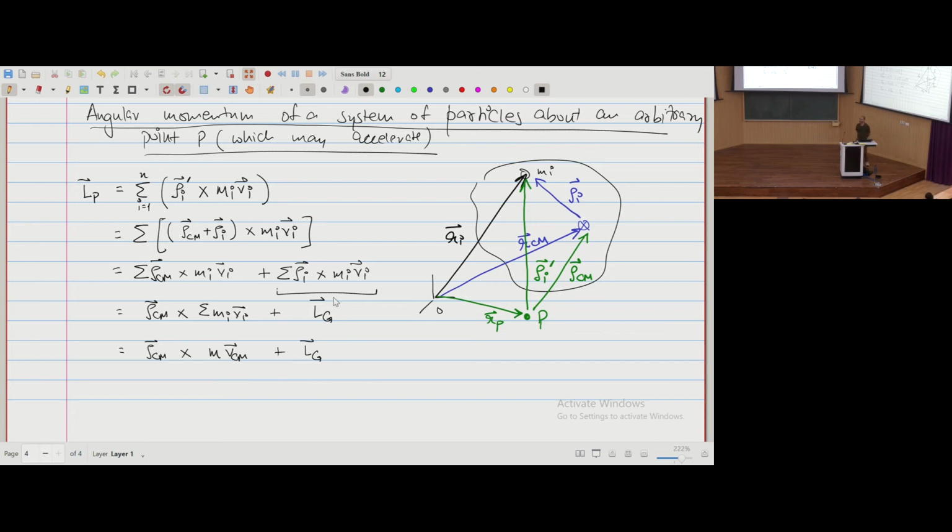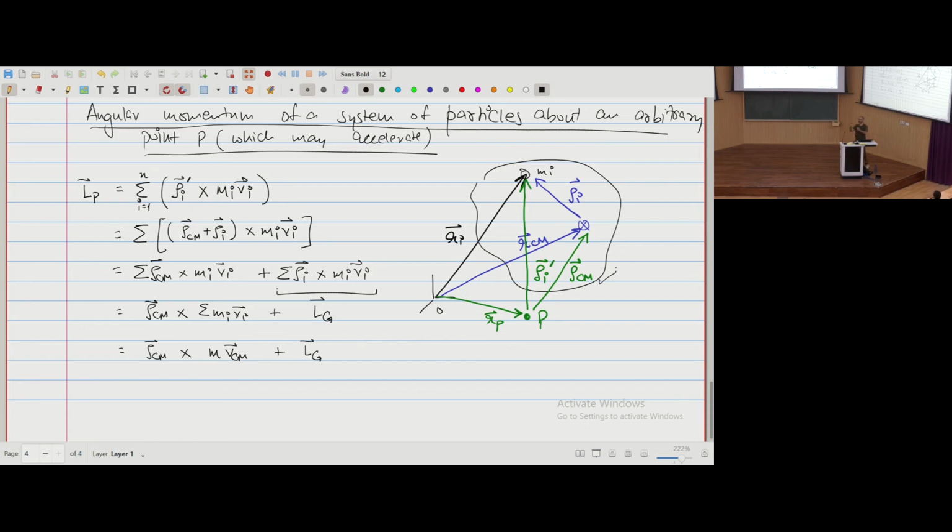Let's understand this final expression. The angular momentum about point P, a general point P, is equal to the angular momentum about the center of mass plus rho Cm cross MCm. So what is rho Cm? Rho Cm is a vector from P to the center of mass, and MCm is the linear momentum of the system. So if you have lots of particles, you can say that the linear momentum of the system is the overall mass times the velocity of center of mass.